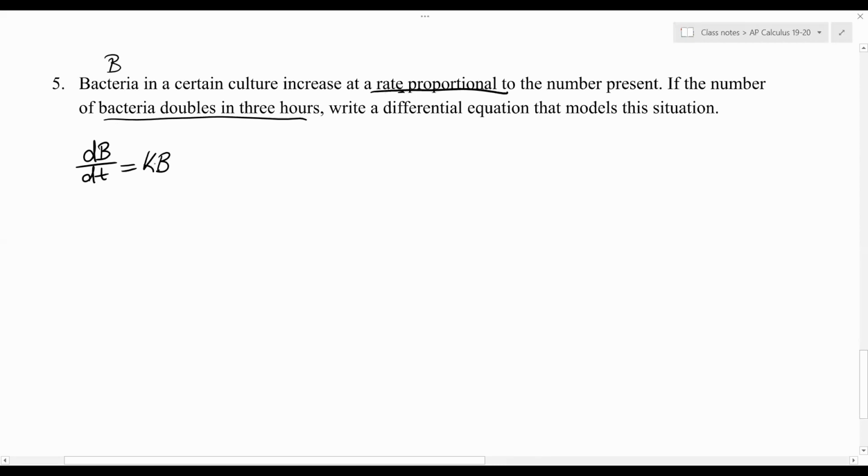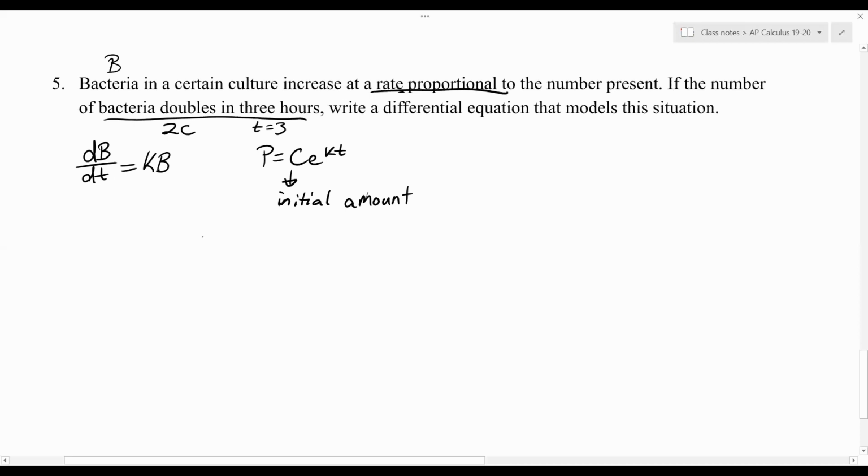Well, they tell us the bacteria doubles in 3 hours. Remember our formula that we wrote? P equals C e to the kt. This C represents an initial amount. So if the bacteria doubles in 3 hours, and if we started with C, this means 2C when t equals 3.